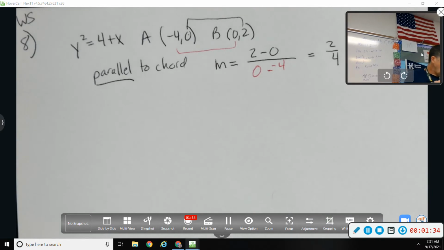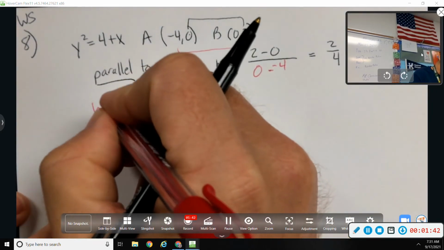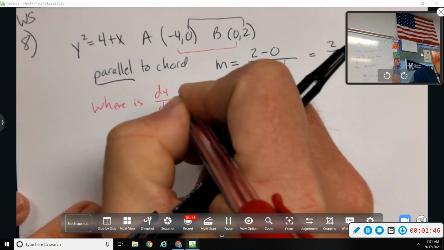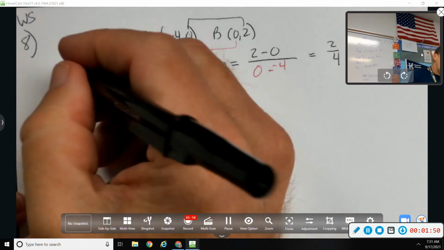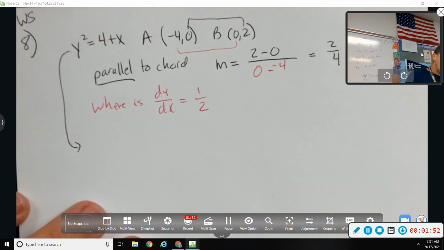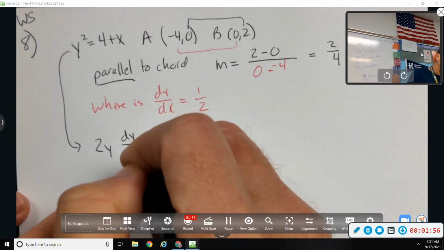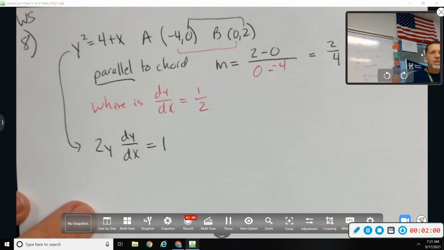Find the x and y coordinates of the point where the tangent line is parallel to the chord. Okay, so basically it's asking me where is dy/dx equal to 1/2. So 2y dy/dx equals 1.